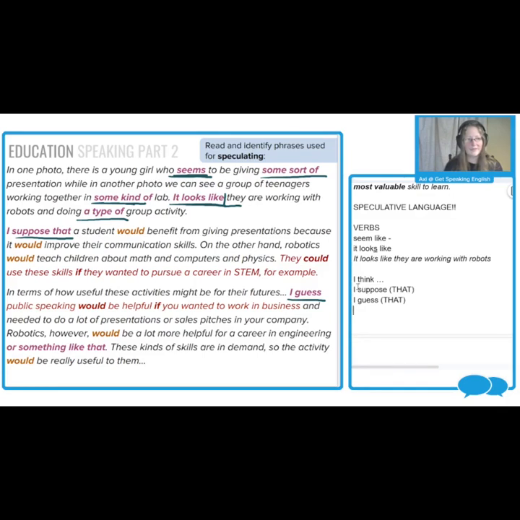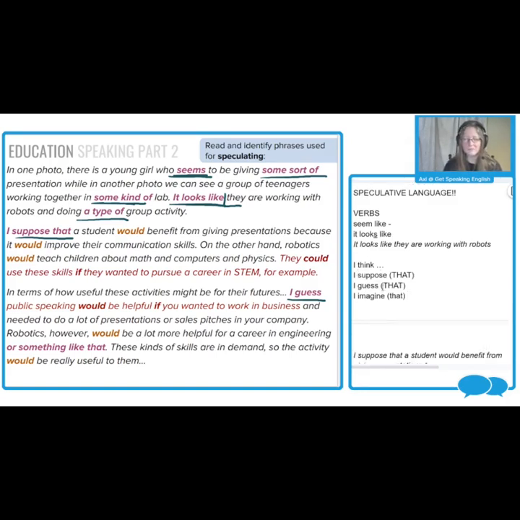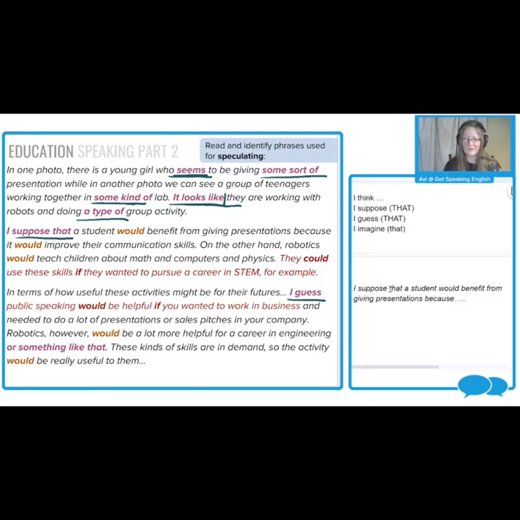And another one that I didn't put in here, I imagine that, we might also say. So again, some great phrases. So we don't have to say I think all the time, but these are also great. So I suppose that a student would benefit from giving presentations because XYZ, right?